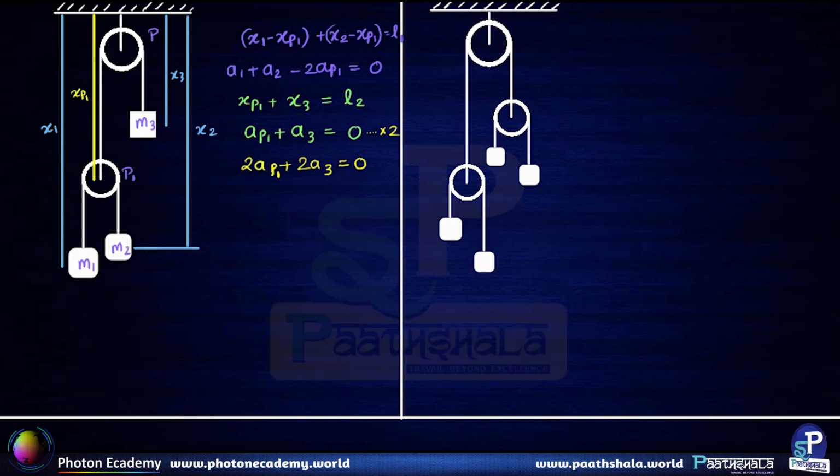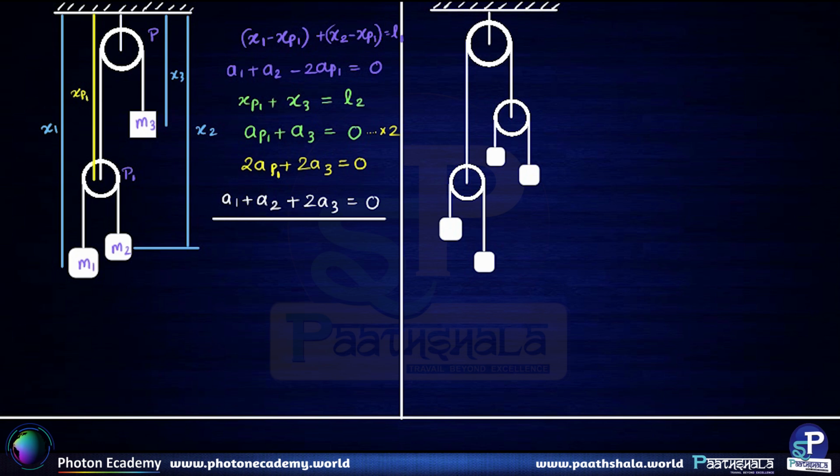By the cancellation of 2ap1, we get a1 plus a2 plus 2a3 equal to 0. So this is the constraint motion relation that we were seeking.